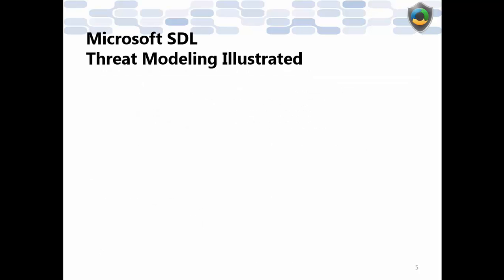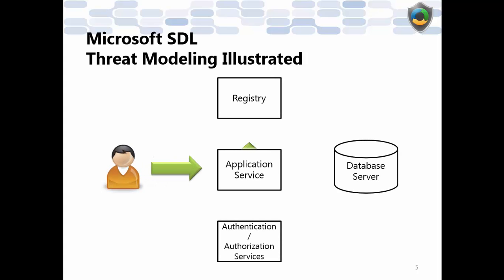All right, so let's look at an illustration of threat modeling. So what does threat modeling an application using the threat modeling process look like? Well, first, you come in here and an application begins. There's a design that addresses a problem or fulfills some kind of business scenario. Users may end up entering data into the application, and the data may be processed by the application in some way.